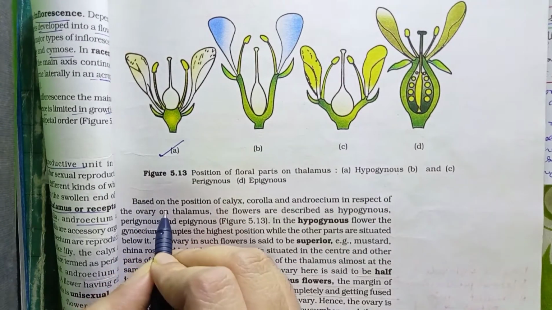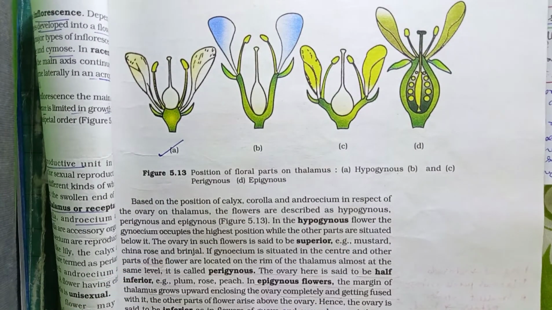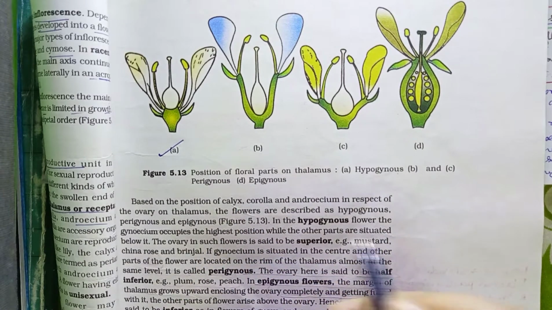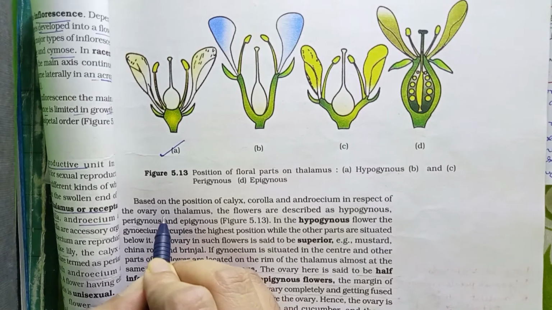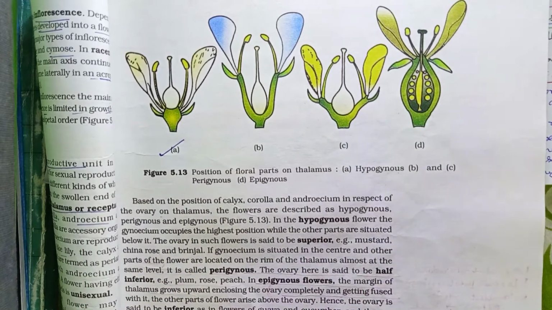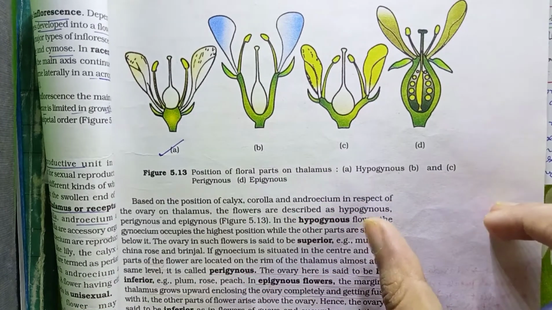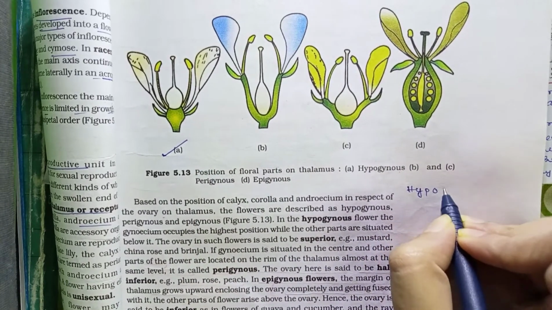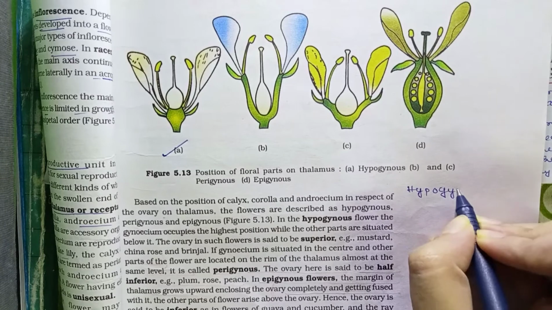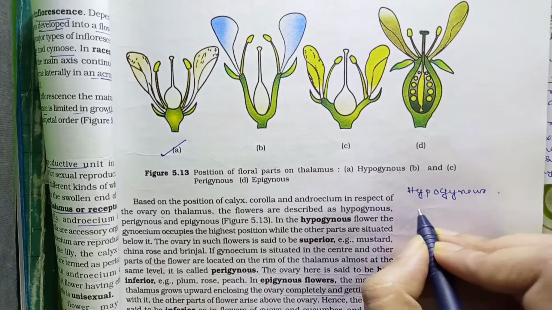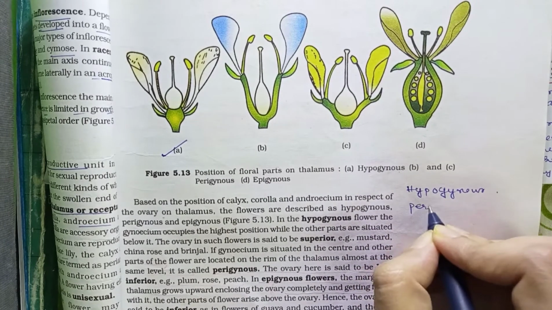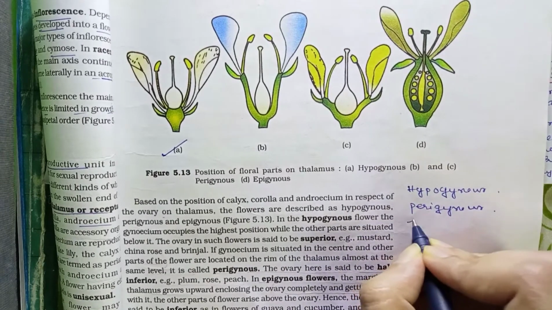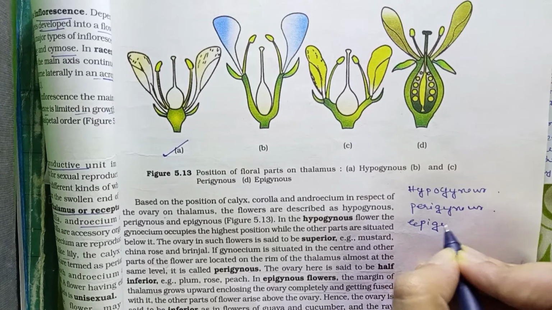Now comes the part based on the position of calyx, corolla and androecium in respect of the ovary on the thalamus. Some flowers are hypogynous, some flowers are perigynous, some flowers are epigynous.